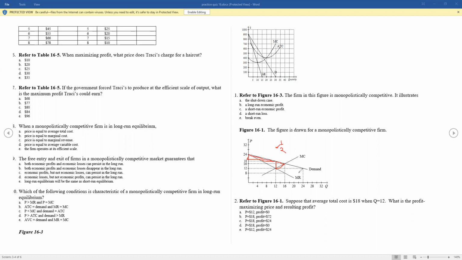That would be that triangle over there. So those are two things they could definitely ask. They could ask in this graph whether firms would enter or exit. They'd have to give you an ATC because there is no ATC shown. But if at 18 they gave you the same average total cost, obviously firms are not going to enter or exit because it's zero economic profit.